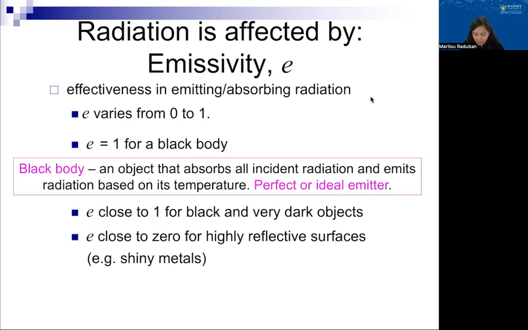On the opposite side of the spectrum, zero emissivity is for objects that are highly reflective, like shiny metals. They reflect all of the radiation that arrives on their surface, and therefore they almost do not absorb any energy.